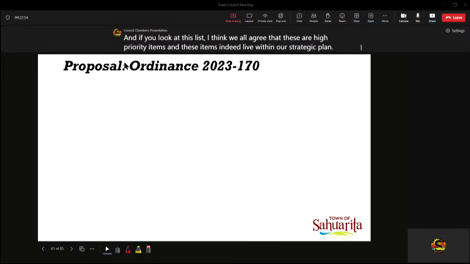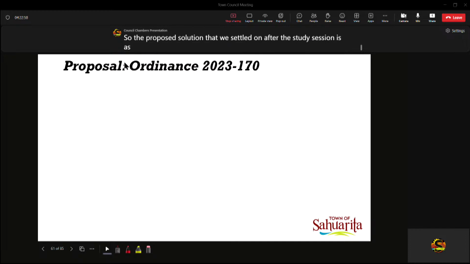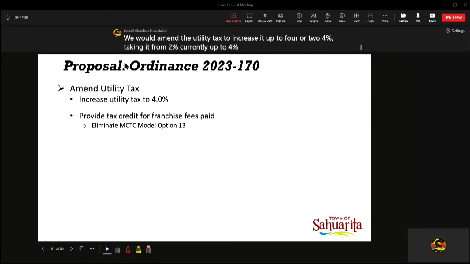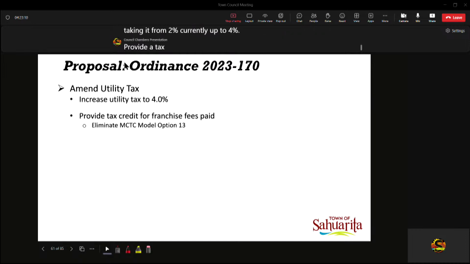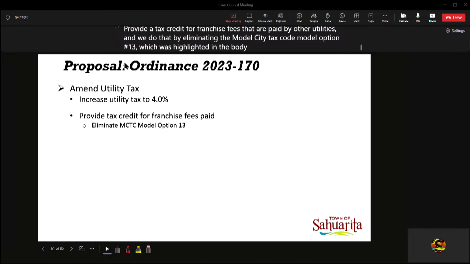So the proposed solution that we settled on after the study session is as follows. We would amend the utility tax to increase it up to 4%, taking it from 2% currently up to 4%. Provide a tax credit for franchise fees that are paid by other utilities, and we do that by eliminating the Model City Tax Code Model Option number 13, which was highlighted in the body of the ordinance.